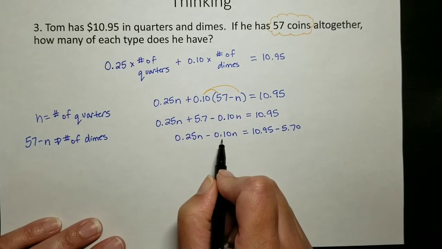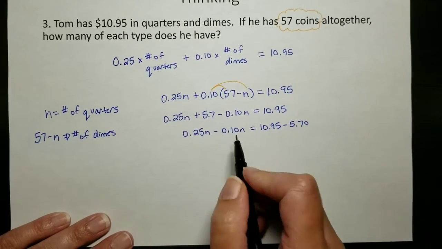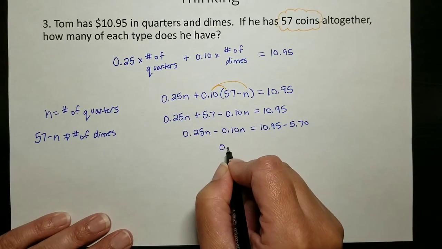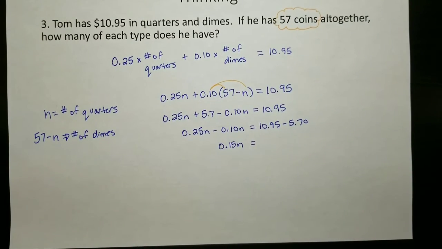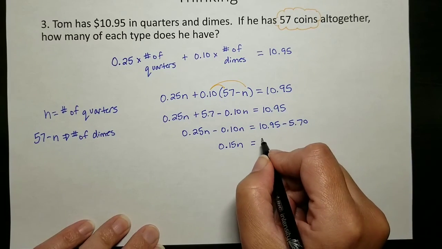Now subtracting here with the like terms, 0.25 minus 0.10, we get 0.15n. And then subtracting 10.95 minus 5.7 is 5.25.